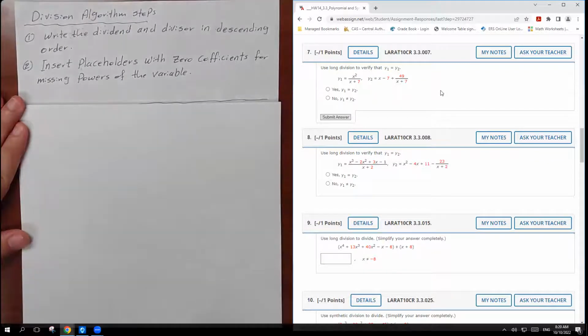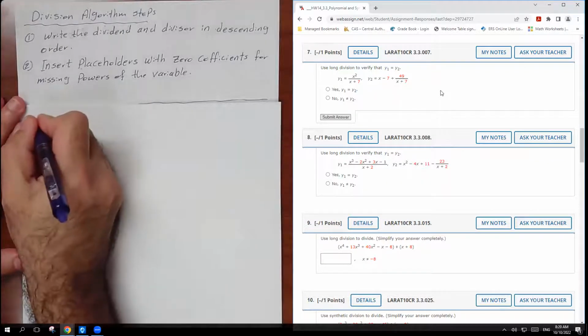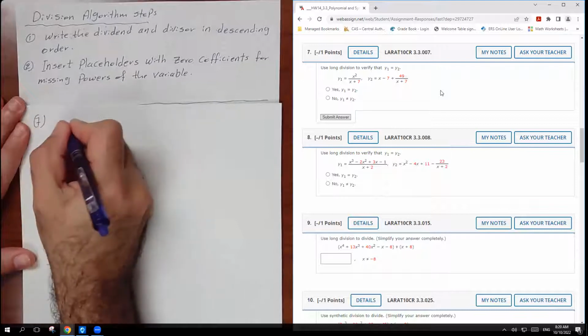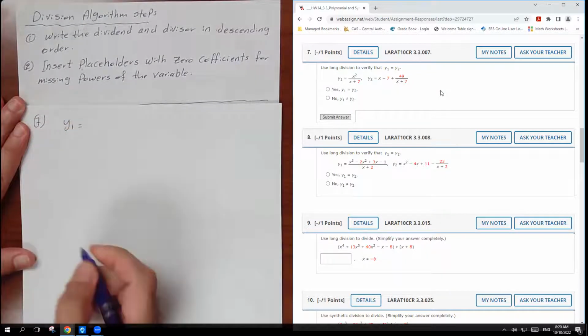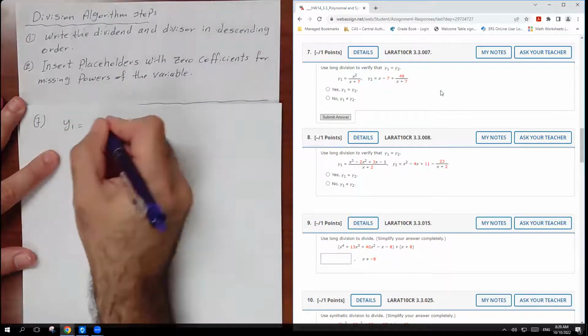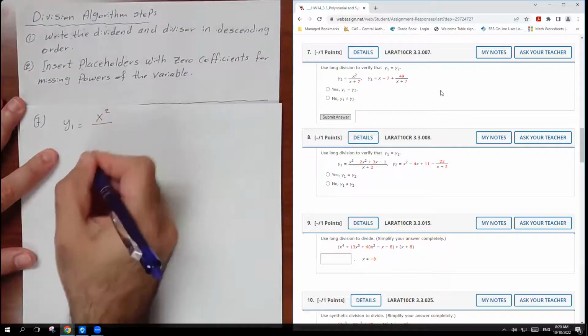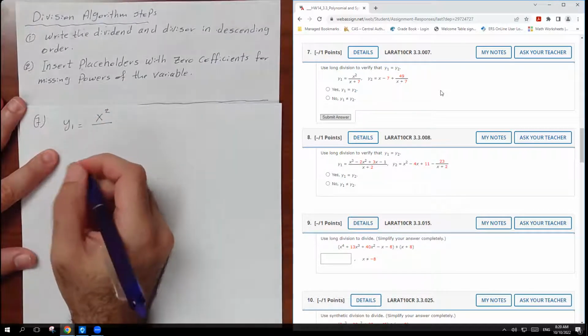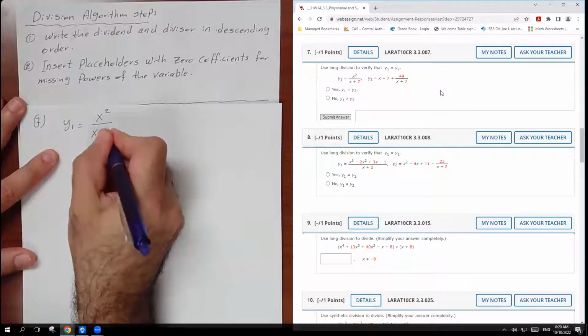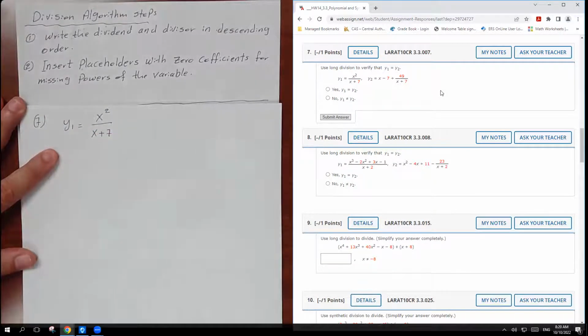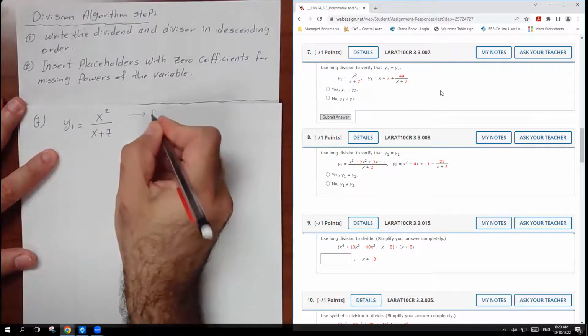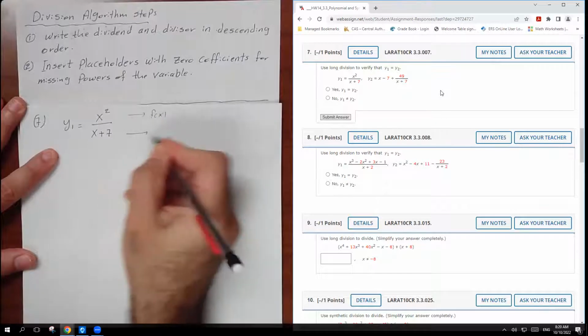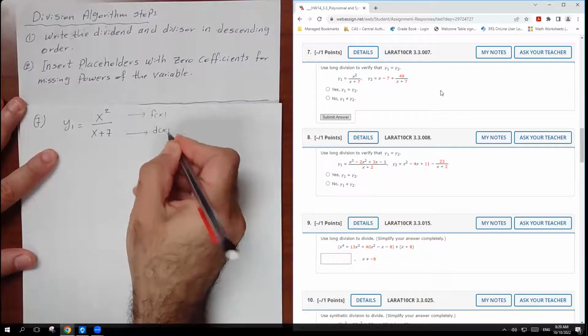We have y1 equals x squared over x plus 7. So I'm going to keep in my mind, this is f of x, and this one is d of x.